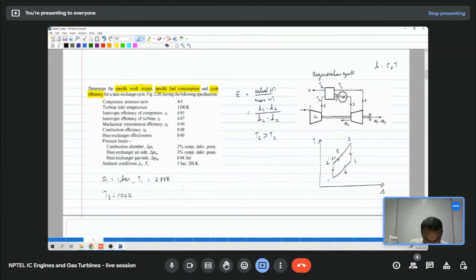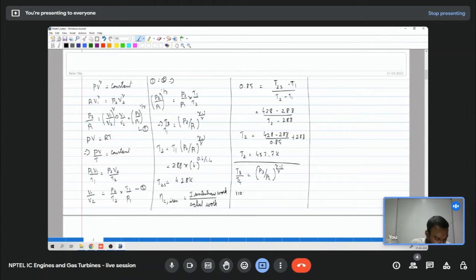So 1100 divided by T4 is equal to 4 power 0.4 by 1.4. So that means T4 is equal to 740.2 Kelvin, and this is the isentropic temperature. In actual we will have a different one.